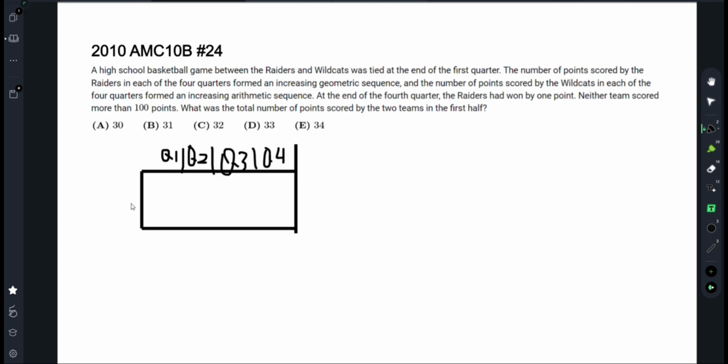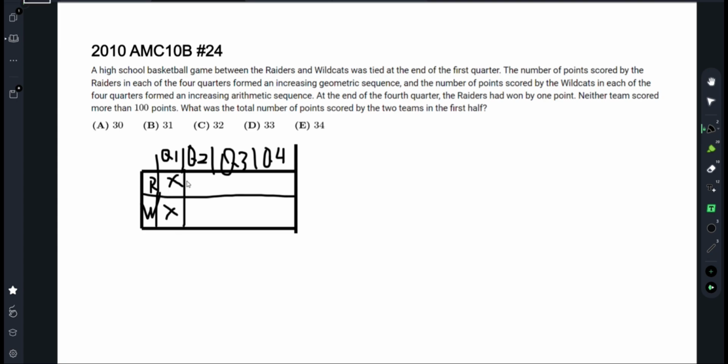And here we have the Raiders, and we have the Wildcats. So quarter 1, let's say the Raiders scored X amount. And since the Wildcats were tied at the end of the first quarter, the Wildcats also scored X points.